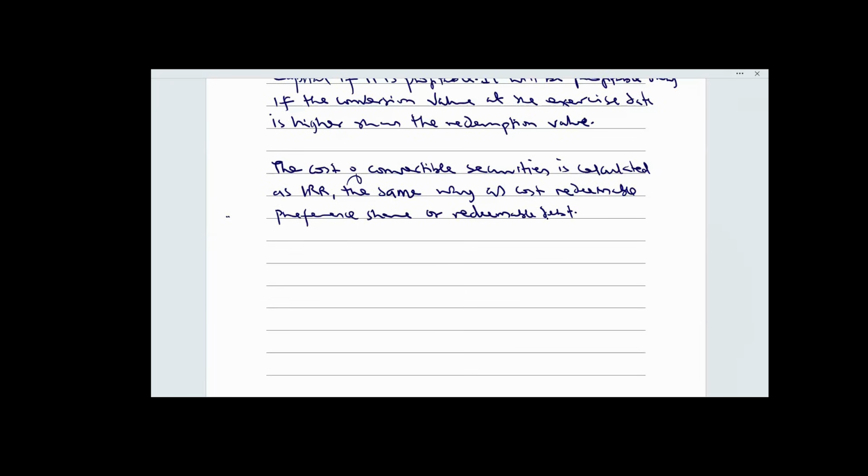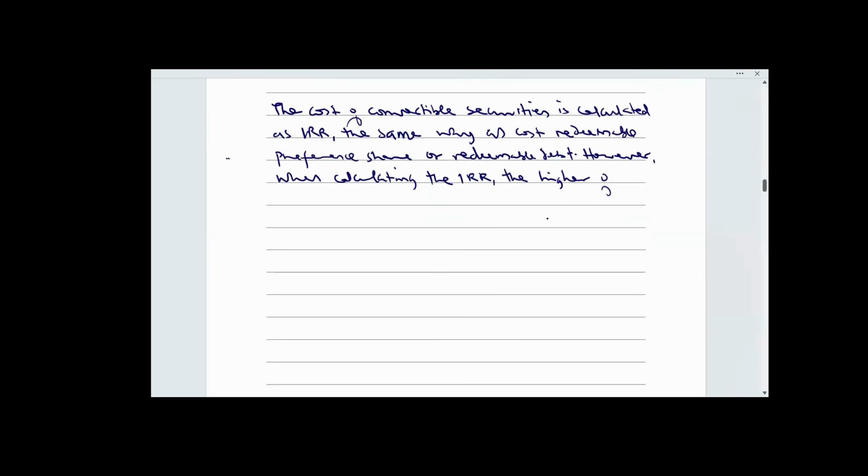Okay. However, when calculating the internal rate of return, the higher of the conversion value or redemption value should be selected.